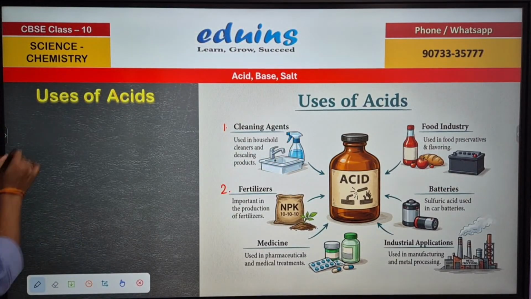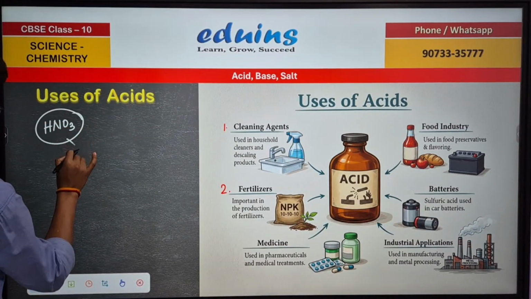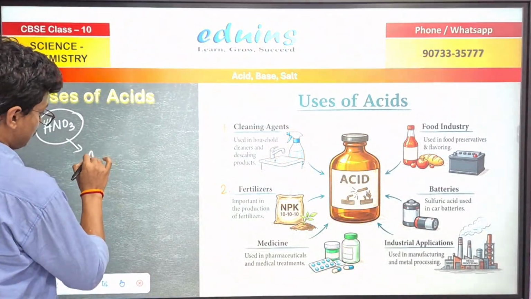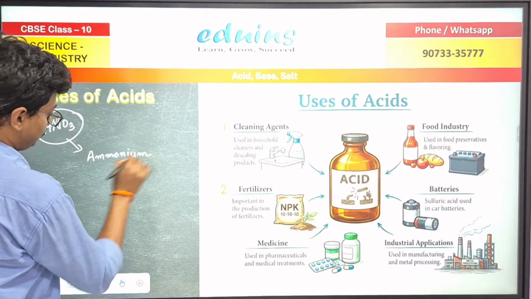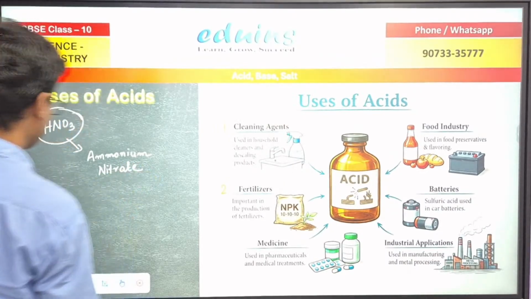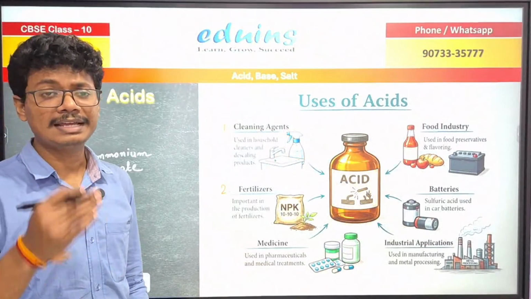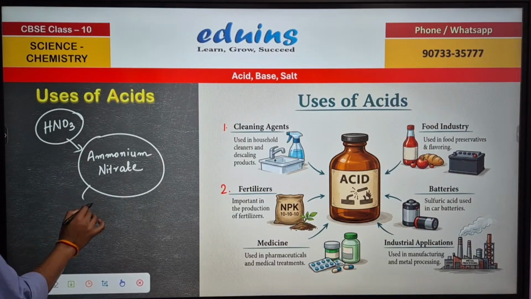Anyone? Which acid? That is nitric acid, HNO3, which actually helps to produce the fertilizer, that is ammonium nitrate. Clear? The acid which is known as HNO3 or nitric acid will help to produce the ammonium nitrate, which is a fertilizer.